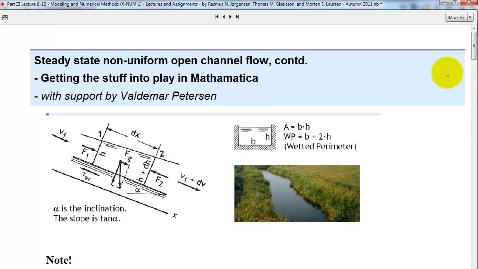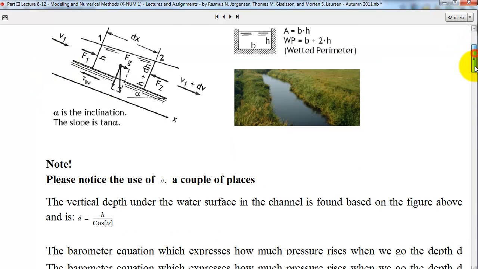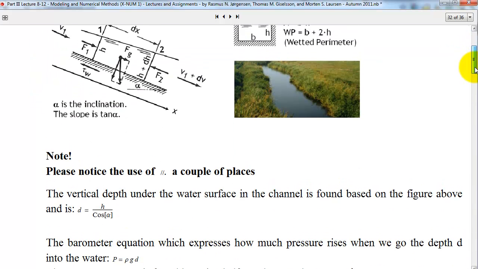So if we say, how can we get this into Mathematica? Oh, bad spelling here. I had a little support from Valdemar, who is more used to Mathematica than I am. So please note that we use this double slash, or that's a replacement rule.